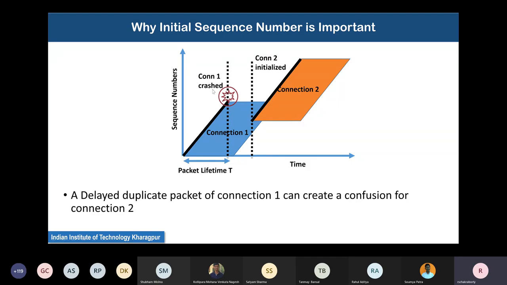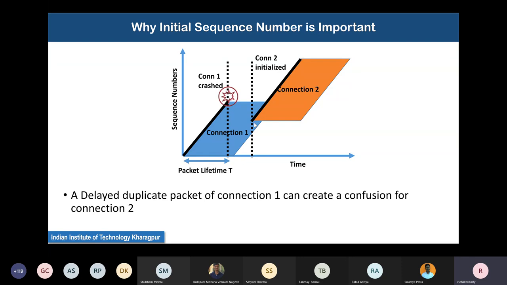Now notice this blue parallelogram that is shown. What does this blue parallelogram mean? Well, it means the entire time and sequence number zone which is a kind of danger zone. In this zone, there are packets which started with that sequence number.